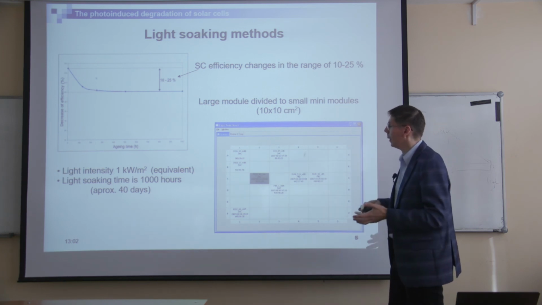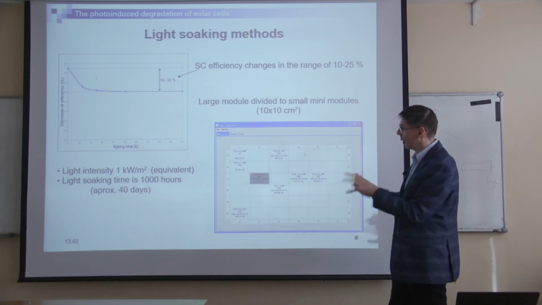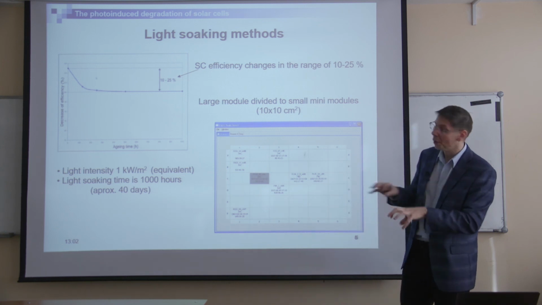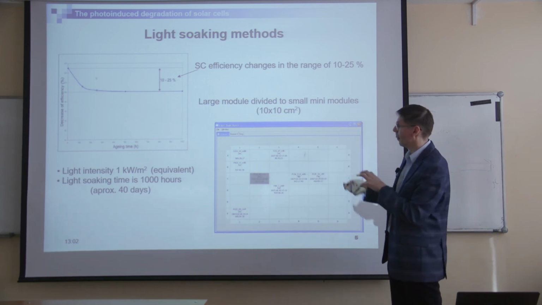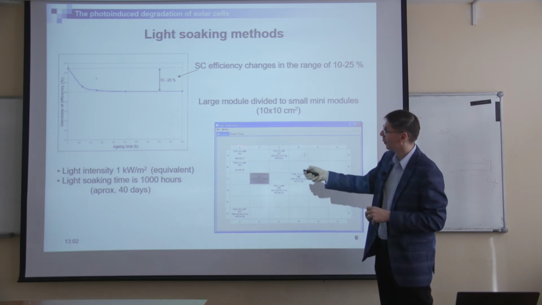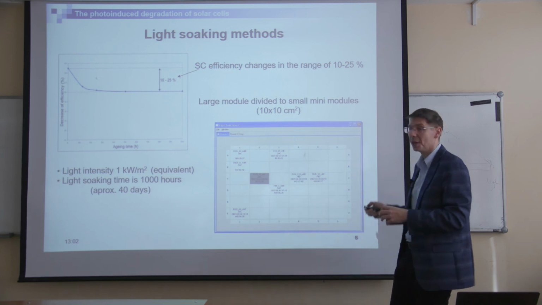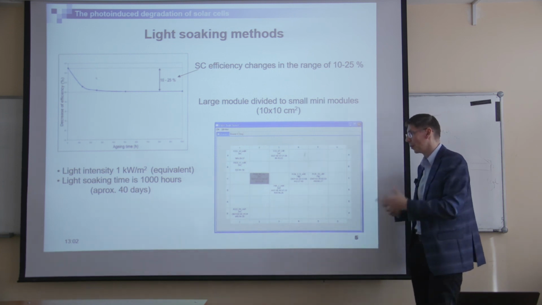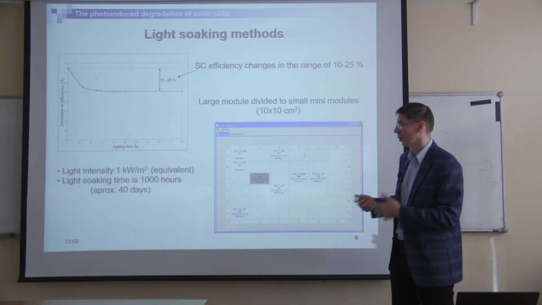what normally to do? Just separate the module into some small so-called mini modules from different parts of the module. For example, you can take one from the corner, from the border, from the center, just to get some information about the degradation of each part of the module.